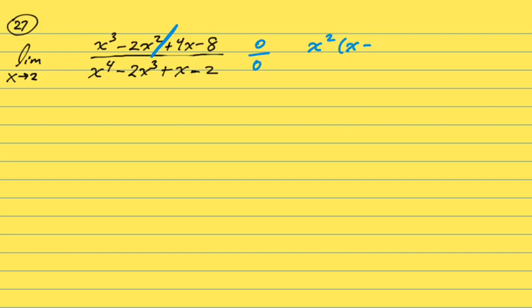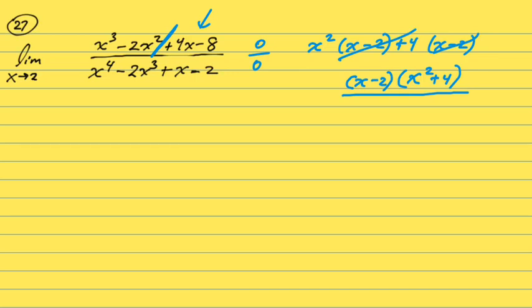X minus 2. Well, how about over here? Can I take a 4 out? Would that also leave me x minus 2? If you factor the x minus 2 out, what would remain? X squared plus 4. So that's how the top factors.